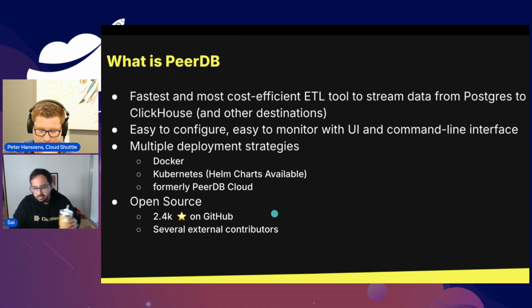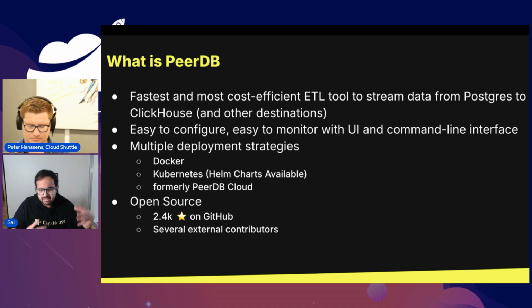Coming to what PeerDB does, the main focus is to bring Postgres and ClickHouse together. It makes it very easy to integrate Postgres and ClickHouse. It is a purpose built change data capture tool for Postgres, which means that you can capture changes as they happen in Postgres, be it inserts, updates, deletes, or DDL operations where you add new columns, etc. You capture those changes and replicate them in real time to ClickHouse.